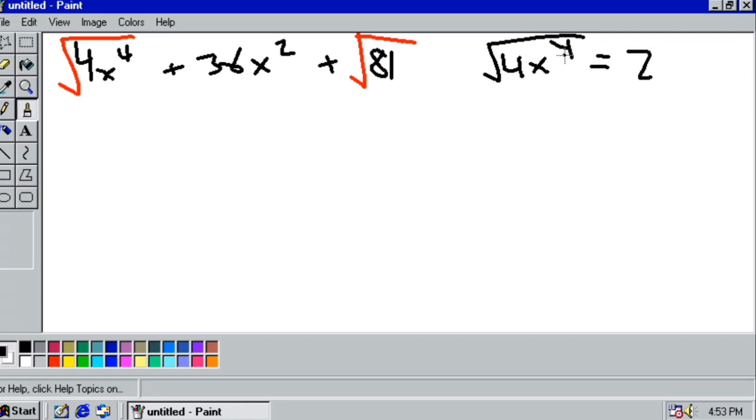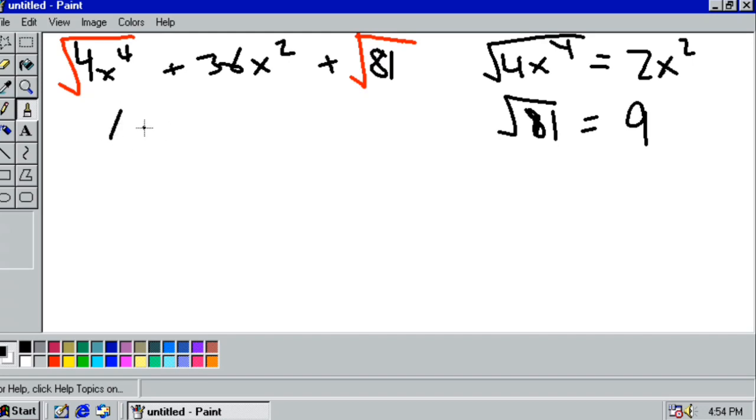Square root of x to the fourth is x squared. So how about 81? How are we gonna do this? So it's just simply 9, since 9 times 9 is 81.